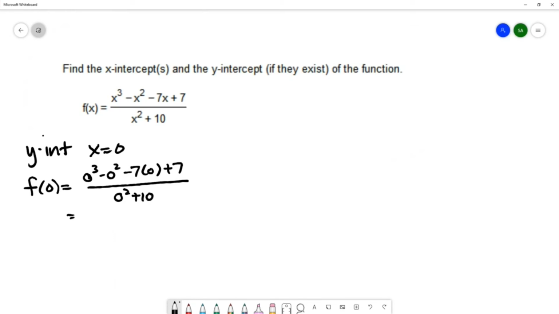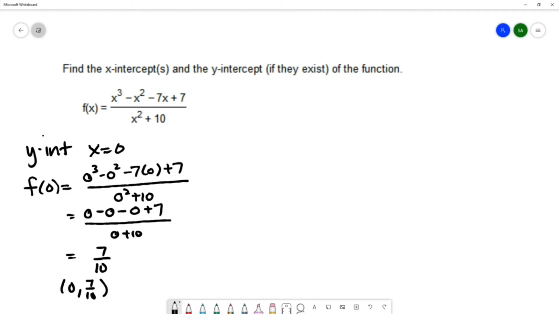So I substitute a 0 in for x, and I'm going to simplify. 0 cubed is 0, 0 squared is 0, 7 times 0 is 0, and 0 squared is 0. So we end up having 7 over 10 when we add all those up. So we have a y-intercept of (0, 7/10).